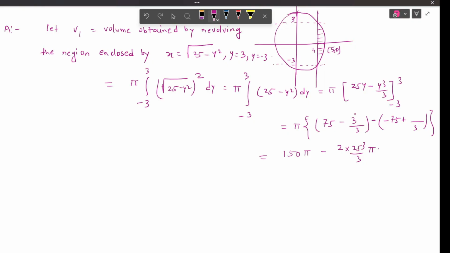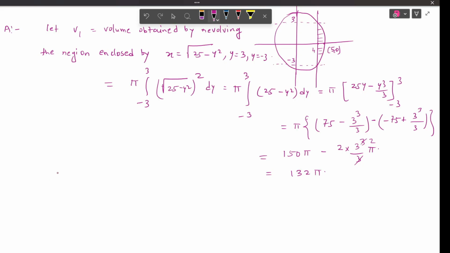Three into 25, 75, and this would be 3 cube by 3 minus, we put minus here, minus 75, and minus 3 cube would be plus, minus minus plus, would be 3 cube by 3. So this should be twice 3 cube by 3. 1 3 will cancel out, will be square. So this is 9 into 2, 18. So this would be 132 pi.